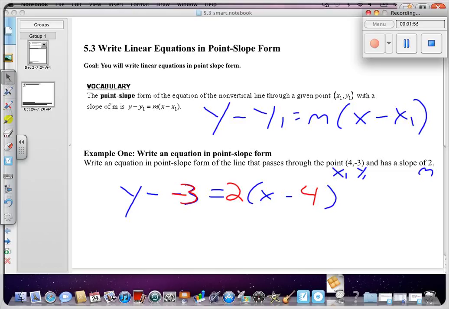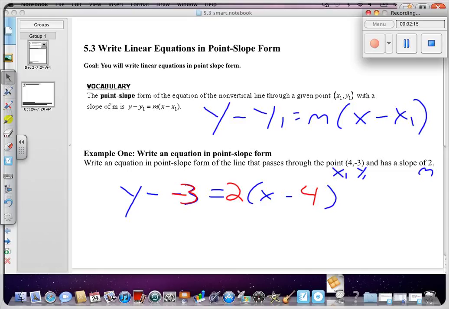Okay, so that's one equation. The other equation we know is slope, y2 minus y1 over x2 minus x1. That's slope. That's m, which is slope. And now we know point-slope, y minus y1 equals m parentheses x minus x1.